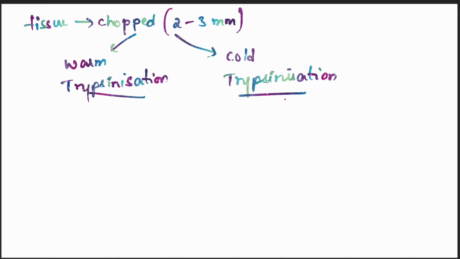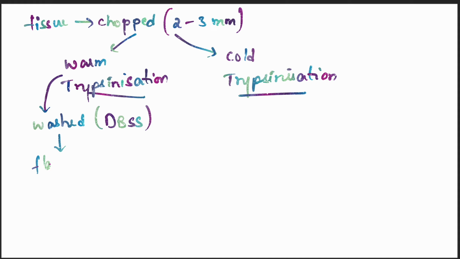First we will see the warm trypsinization. In warm trypsinization, after chopping, the tissue is washed with DBSS, dissection basal salt solution, and after washing, it is transferred to a flask containing warm trypsin.